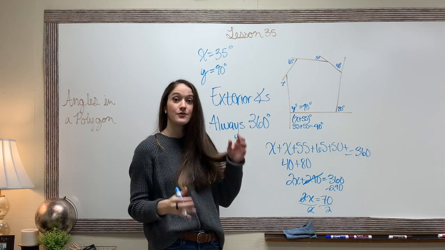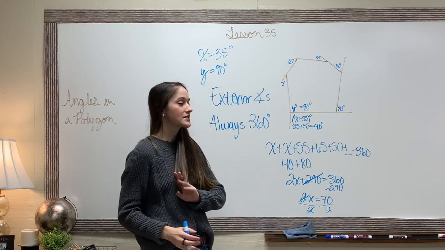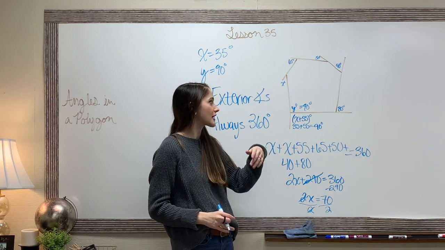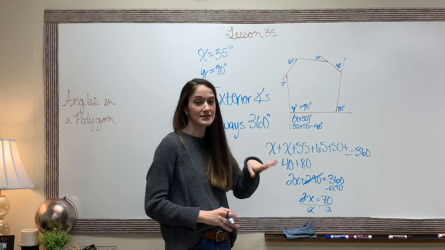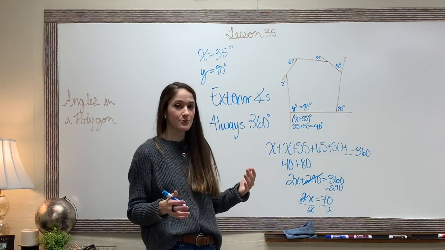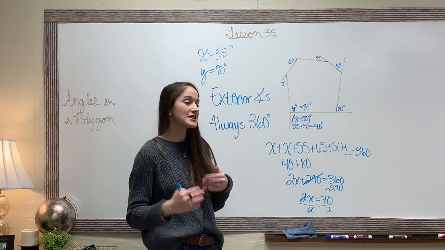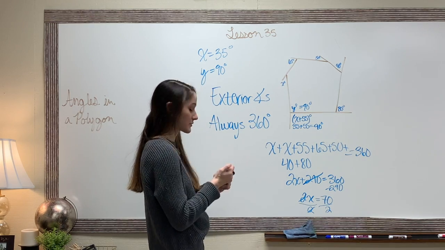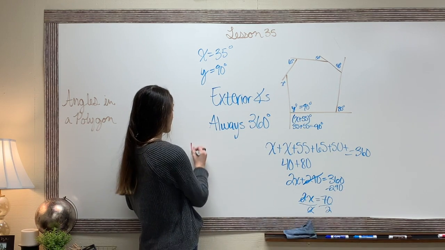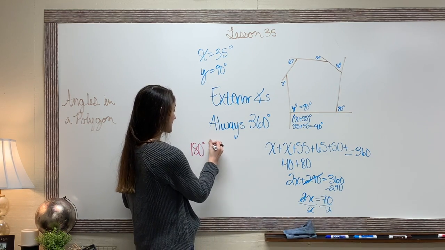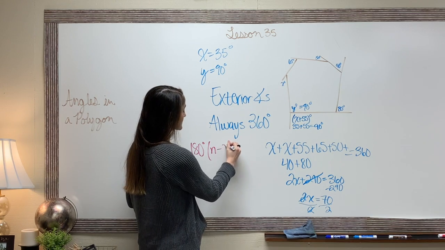All right, so that's it for solving for exterior angles and then also using that to find interior angles. Just a quick side note, this is a hexagon. It has 6 sides. So if we did want to find the total for the interior angles, what I would do, I'm going to switch colors real quick, is I would take our formula, 180 degrees times the number of sides minus 2.